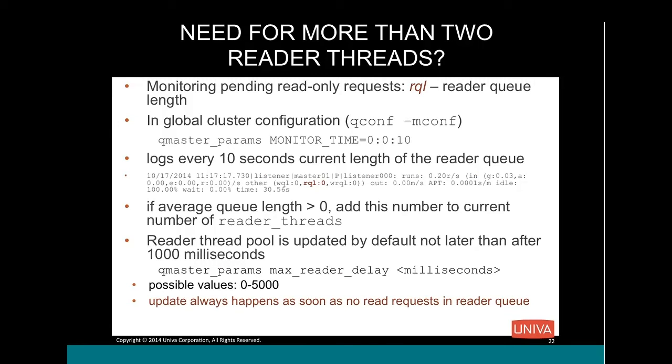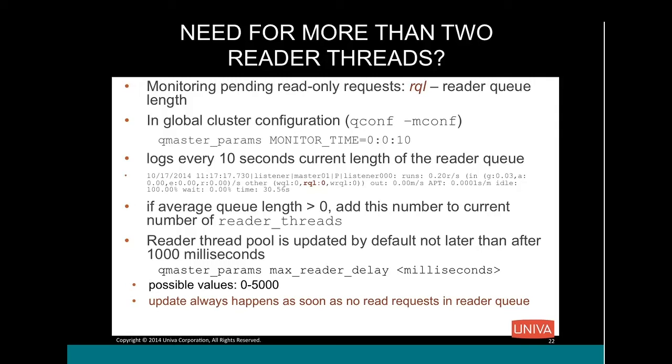Well, one way you can find that out is you can monitor the pending read-only requests, basically the reader queue length. And if you're interested in doing this in an 8.2 cluster, you do have to change the global cluster configuration and add to the QMaster parameters the monitor time and set it, in this case, to about 10 seconds. What this means is every 10 seconds, it will log information which includes the current length of the reader queue.